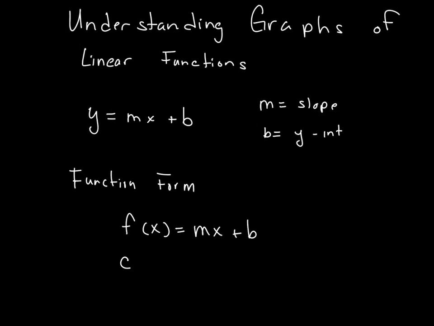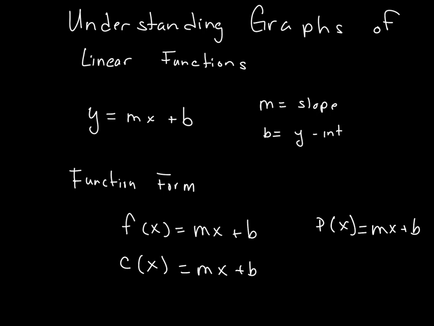You could have c of x is equal to mx plus b. Generally, c of x could stand for a cost function. You could have p of x is equal to mx plus b, where p could be the pressure of something.